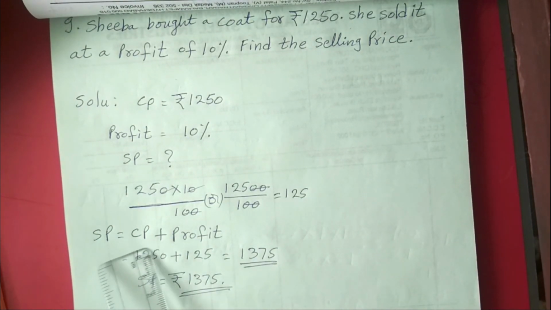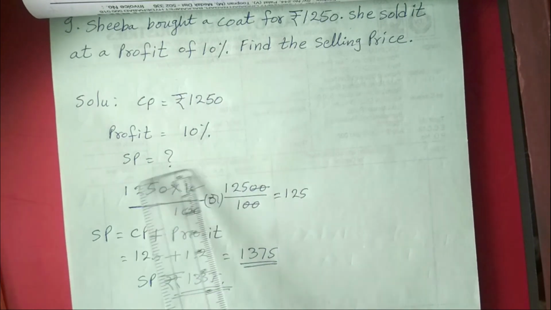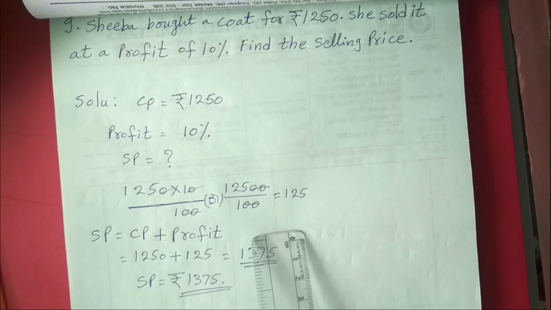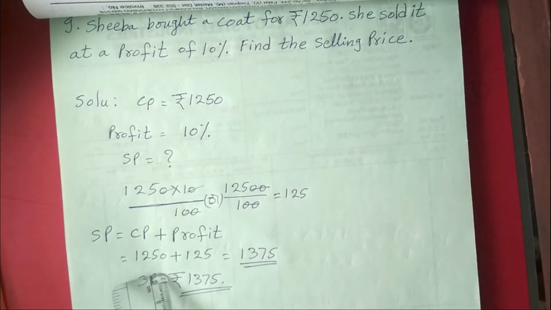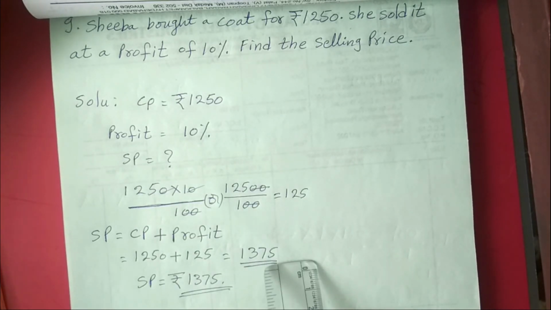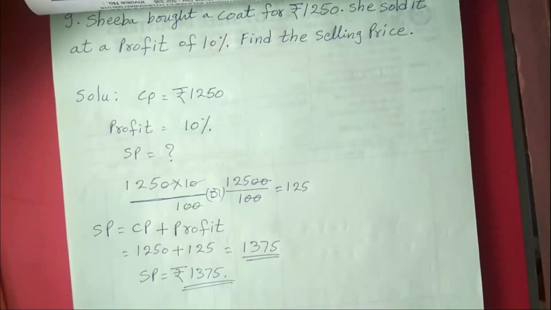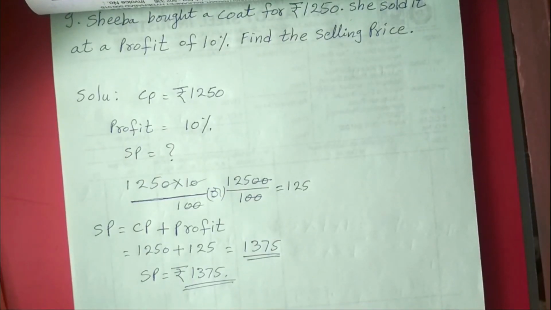So selling price is equal to cost price plus profit, that is 1250 plus 125. The answer is 1375 is the selling price. Thank you children. Take care. Stay safe.